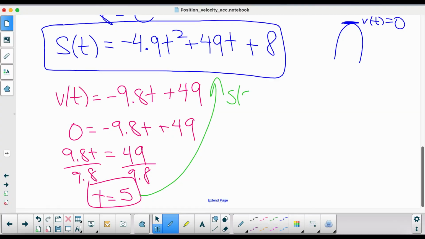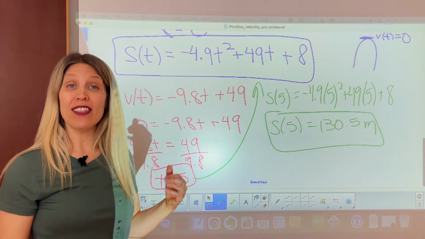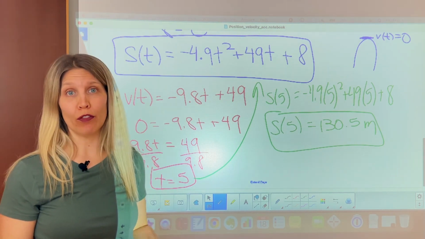So s of 5, so negative 4.9 times 5 squared plus 49 times 5 plus 8. When you plug this into your calculator, you're going to get 130.5 meters. And that's the height that the ball will travel when thrown up.